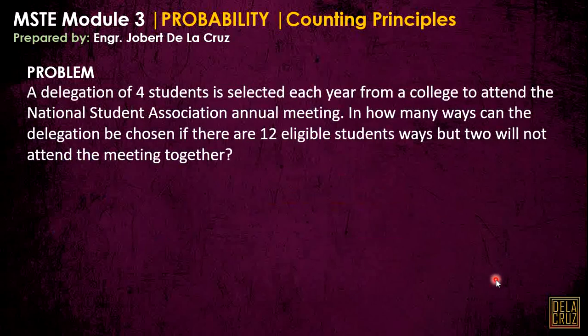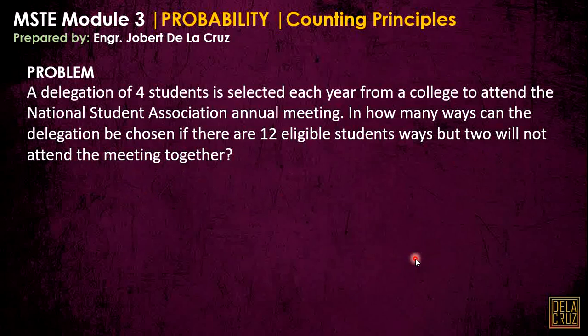Okay? How about this one? A delegation of 4 students is selected each year from a college to attend the National Student Association annual meeting. In how many ways can the delegation be chosen if there are 12 eligible students, but 2 will not attend the meeting together.